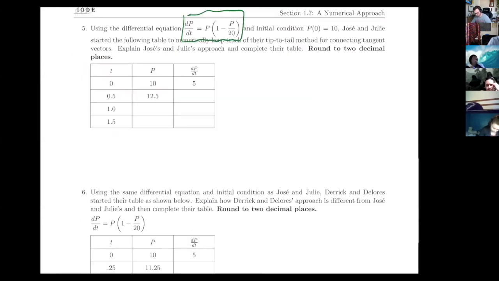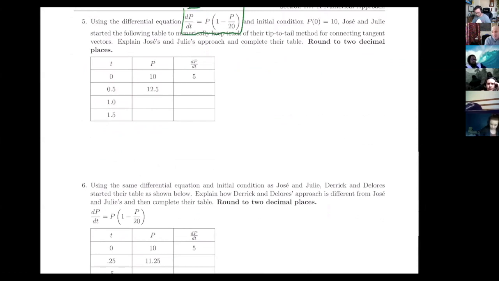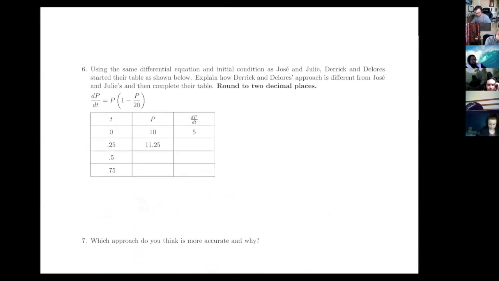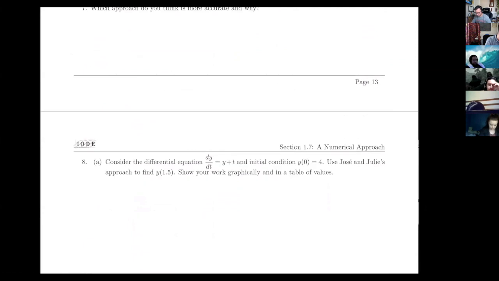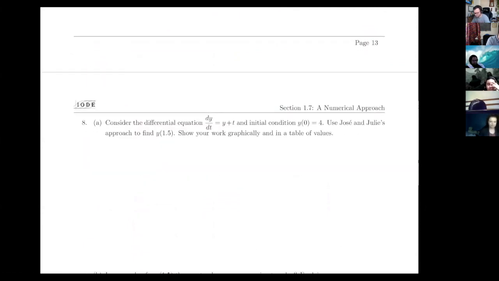I'd like you to get through 5, 6, and 7 in your groups if you can. If you wrap that up and want to try question 8, go ahead and give it a shot. But we can do question 8 together if you don't have time to get to that. Any questions before I break us up?